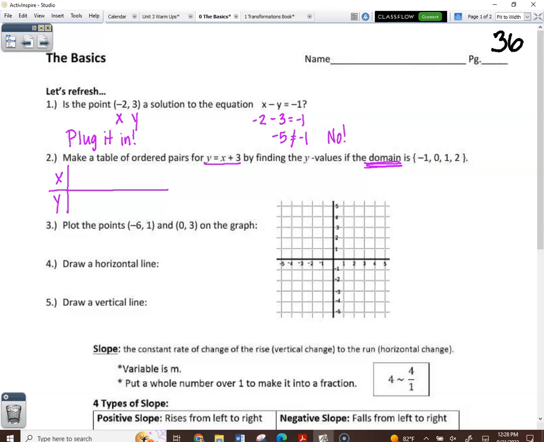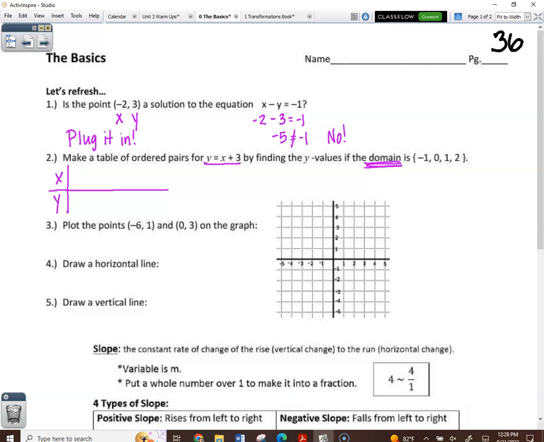Do you remember what domain means in terms of a graph? All real numbers would mean that if I had a graph and I could plug any given number in, the domain would be all real numbers.